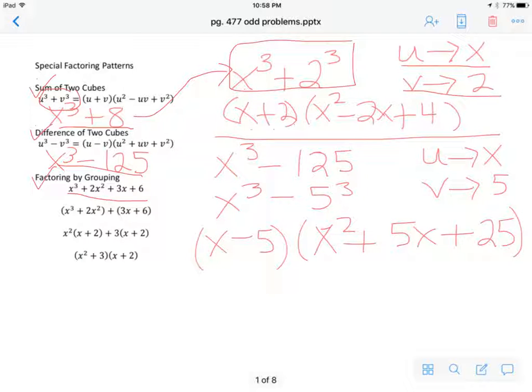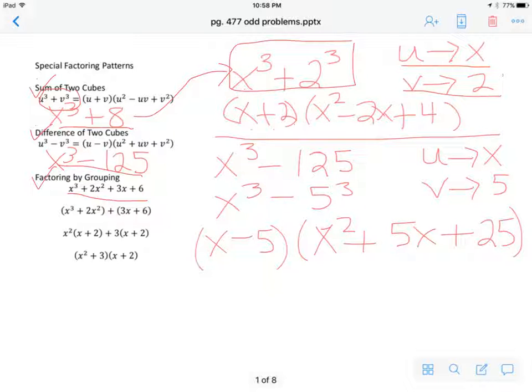The second is a trinomial, and it is supposed to be u squared, so you write x squared. Then it says minus u times v, so we multiply the x and the 2 together and write minus 2x. Then it says plus v squared, so we square the 2 and it becomes 4. Our final answer is the quantity x plus 2 times x squared minus 2x plus 4.